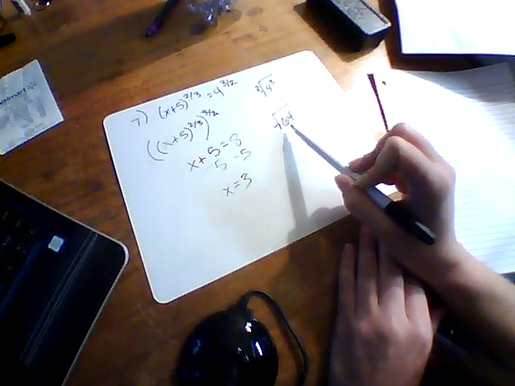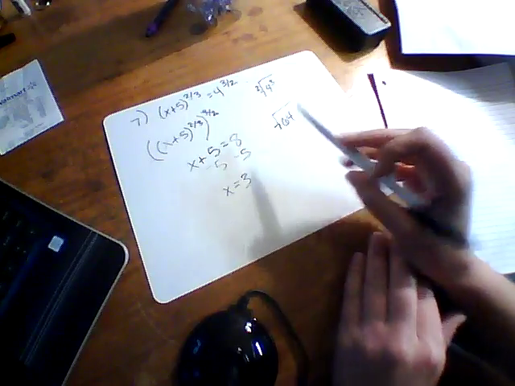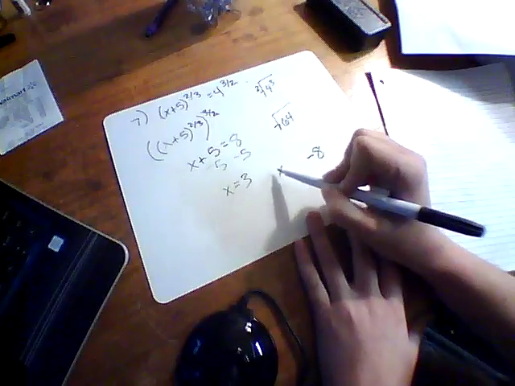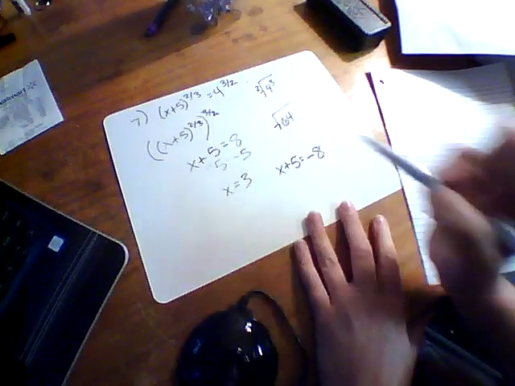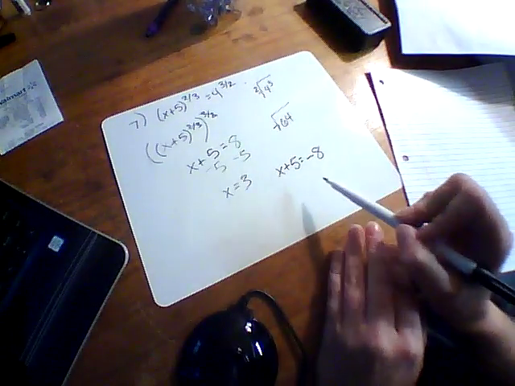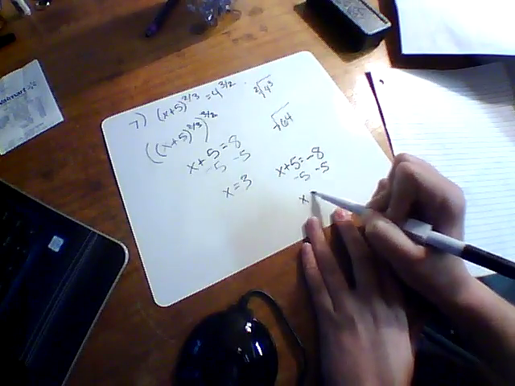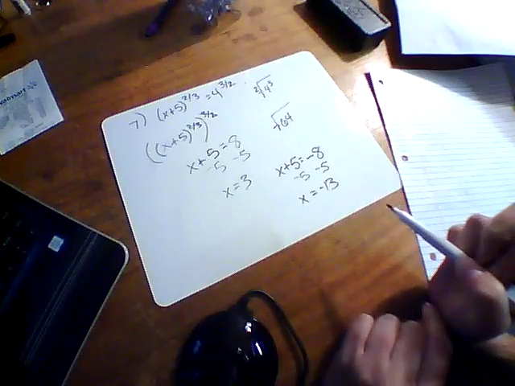Now keep in mind too that the square root of 64 is also negative 8. Okay, so we need to also treat this as that. So if we minus 5, we get x equals negative 13 as well.